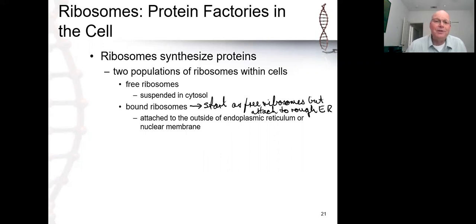And it's the presence of these ribosomes on the surface of the rough endoplasmic reticulum that has led to that name, rough ER. And it's because these ribosomes are making these polypeptides that need to enter the endomembrane system that results in the ribosomes attaching to the surface of the rough ER.